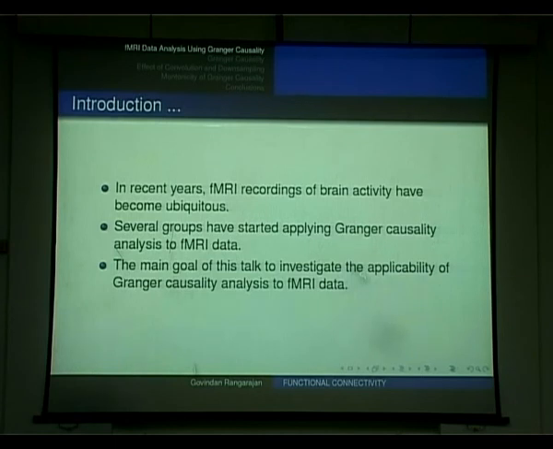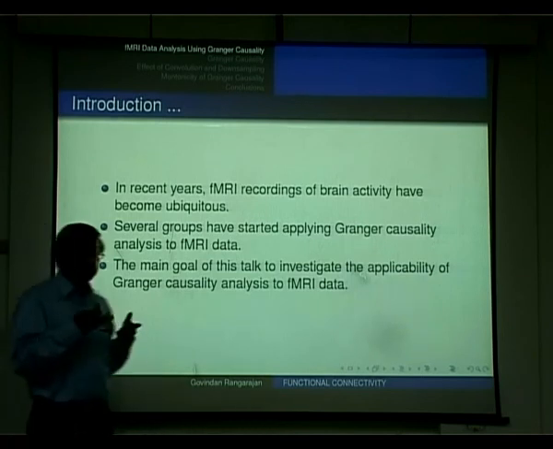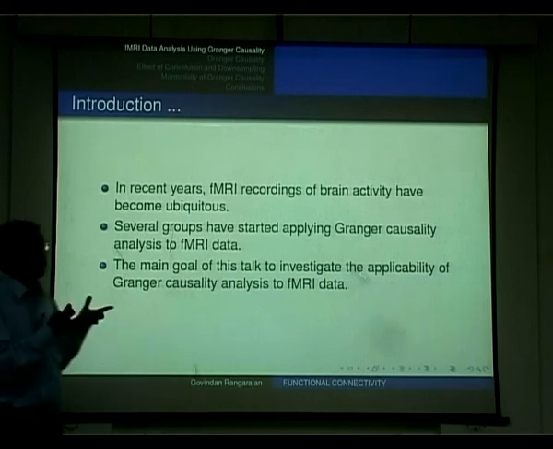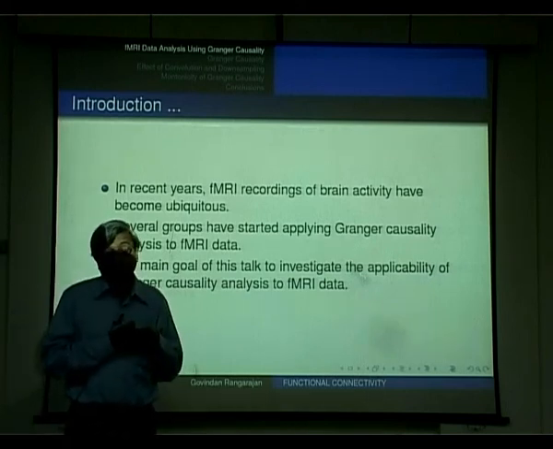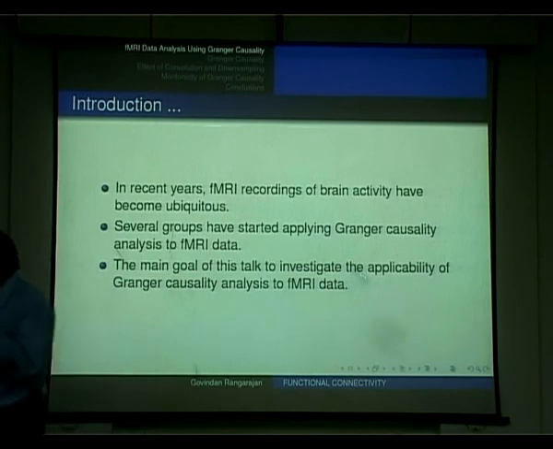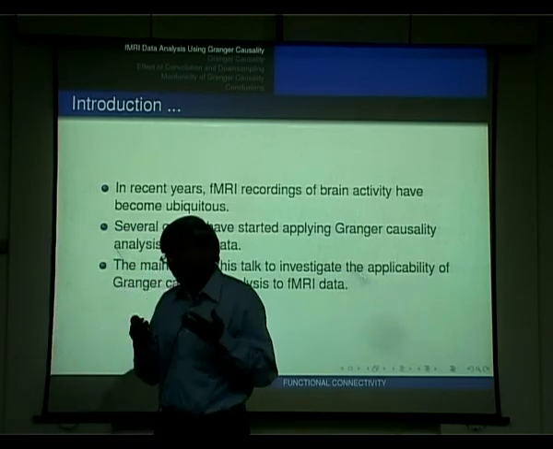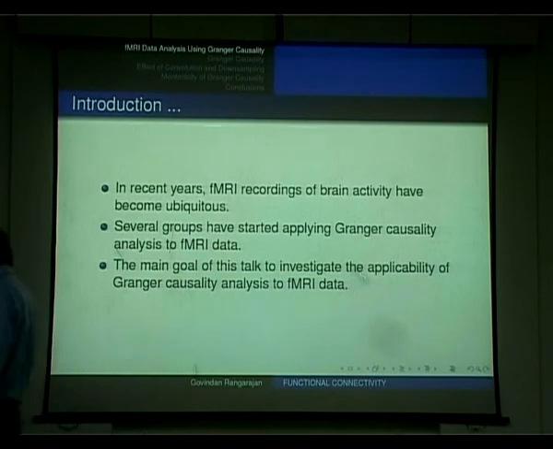In fact, several companies are now trying to exploit this. They've gone into phase 1 trials, phase 2 trials, and so on, of trying to predict the onset of Alzheimer's by using such devices. So you can see that getting reliable connectivity patterns between different regions is not only of interest as a mathematical problem, but also has potential applications.